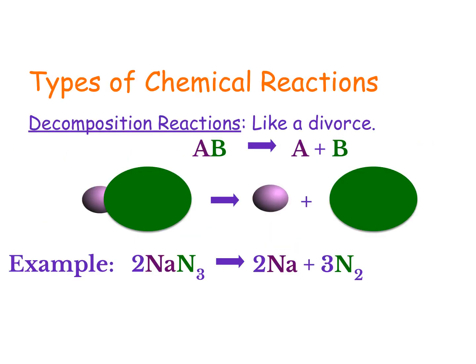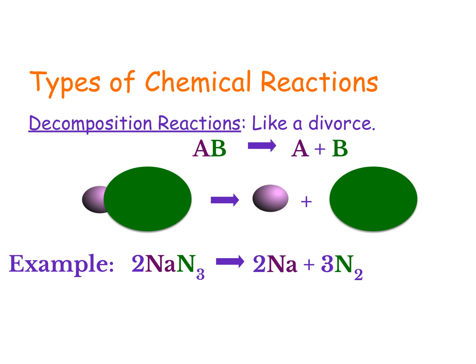Type number 2 of chemical reaction we're talking about is a decomposition reaction. This is like a divorce. So if we start with product AB, like we ended with on a synthesis reaction, then we are going to get products of A and B by themselves.